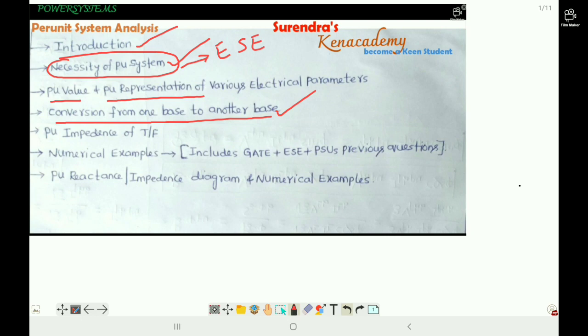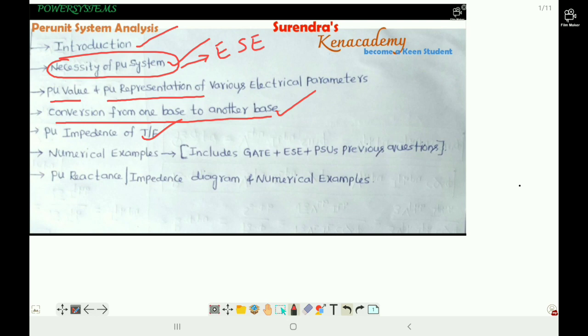Then after discussing this concept, I will explain what is the per unit impedance of transformer. In this concept, I will prove that the per unit impedance of transformer at primary side is equal to per unit impedance of transformer at secondary side.